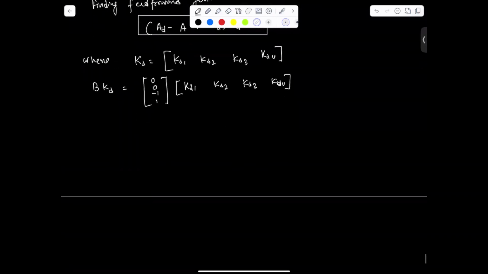From this we form a 4 by 4 matrix: 0, 0, 0, 0; 0, 0, 0, 0; minus KD1, minus KD2, minus KD3, minus KD4; and the last row KD1, KD2, KD3, KD4.